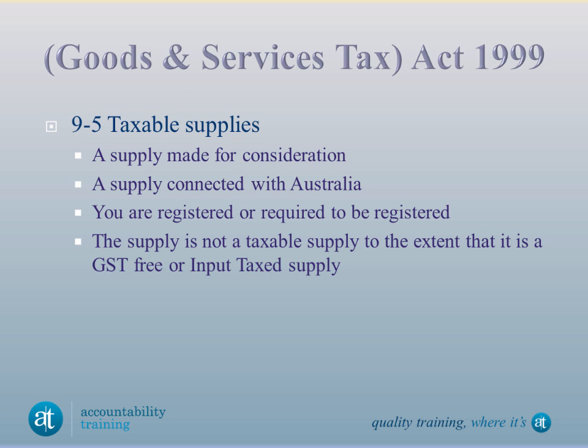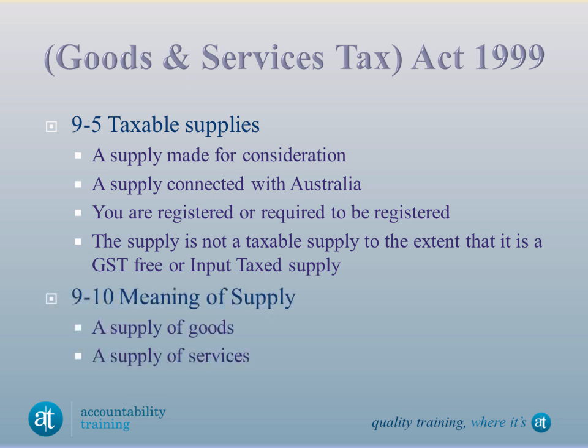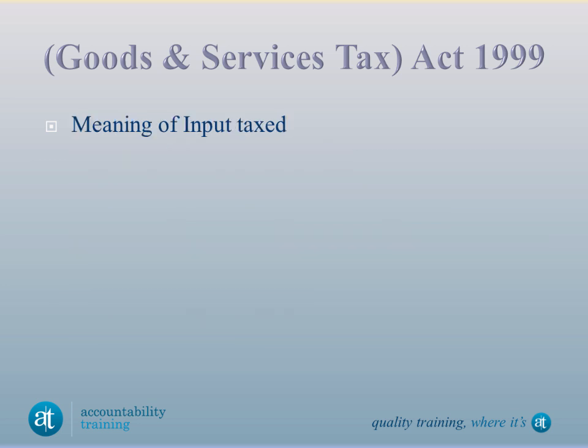Items listed in the Act as being input taxed or GST free are not taxable supplies. Subdivision 9-10 identifies the meaning of supplies as goods and services. Our next step is to understand the meaning of input taxed and how this works within the goods and services tax system.